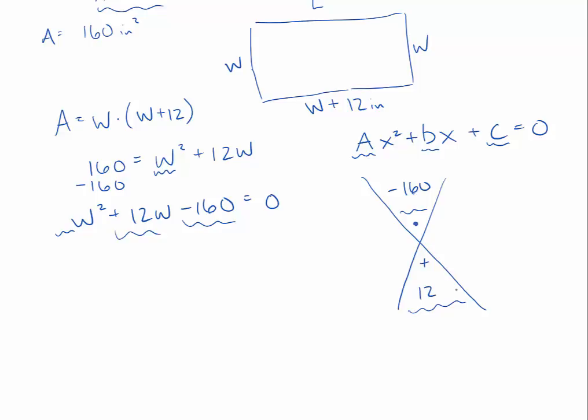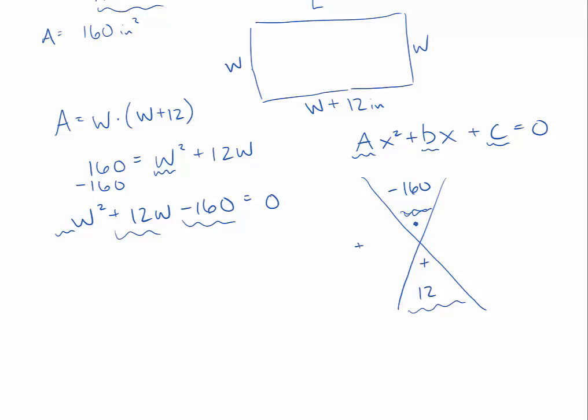If it was a negative, like minus 12W, then it would be a negative 12. And then I ask myself, what two numbers, and I'm going to put them here and here, multiply, because of the dot, to get negative 160, but add to get 12? Since the number up here is negative, I know one of my numbers has to be positive and one has to be negative.